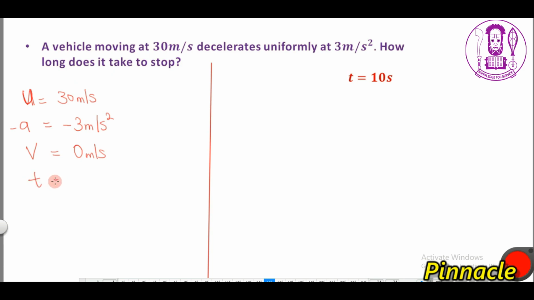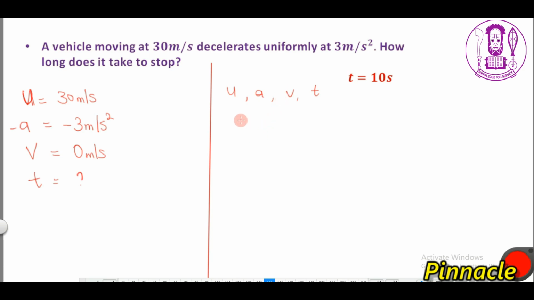It is the time we're looking for. From the parameters given to us, we have u, acceleration, velocity, and time. So the equation of motion that connects all these parameters is the first equation of motion.